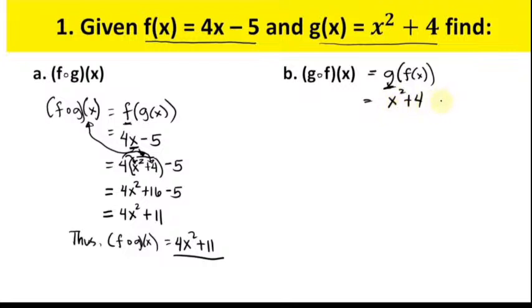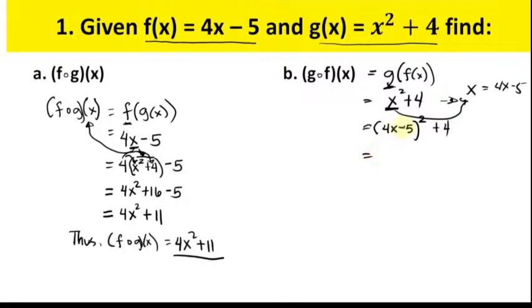Then i-replace natin si x, itong si x equals magiging 4x minus 5 na yan. So equals, i-replace natin yung value ng x sa value ng f of x. So that is quantity of 4x minus 5 raised to 2 kasi may exponent plus 4.